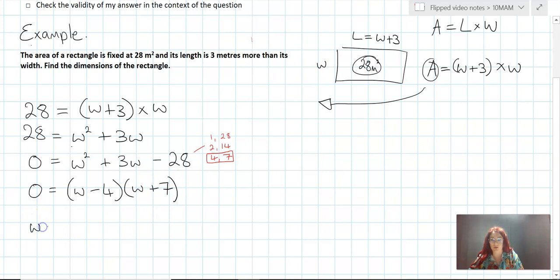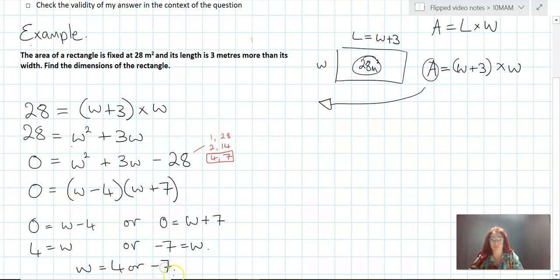So, oops, no, I want 0 is going to be equal to width minus 4, or 0 is going to be equal to the width plus 7. So in this case, 4 would be the width. Or in this case, negative 7 would be our width. So width is 4 or negative 7.